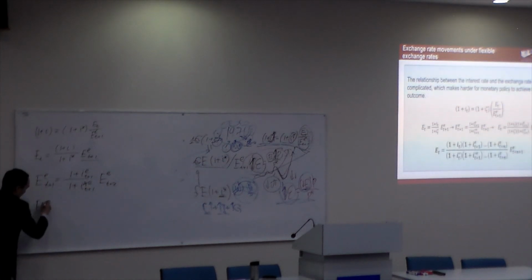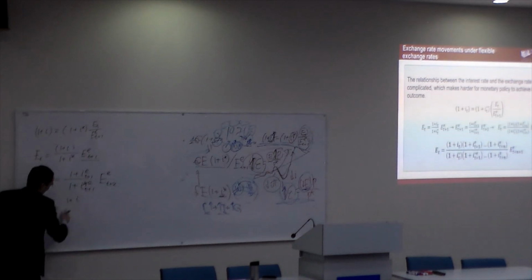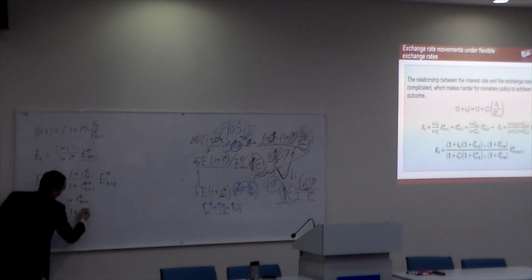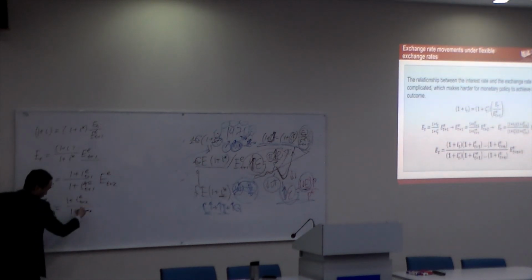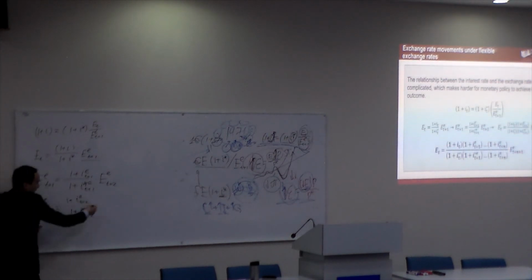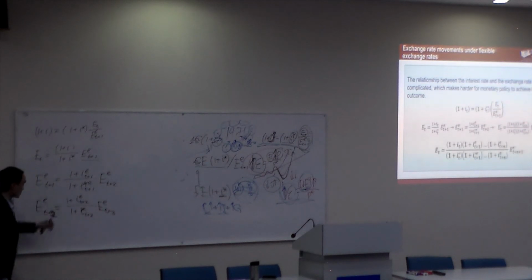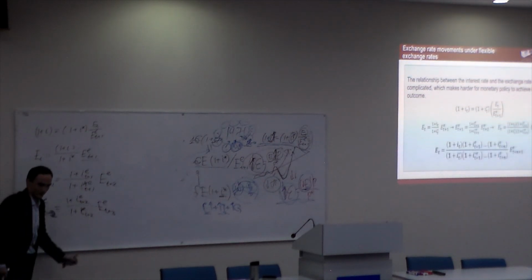Regarding year 2, the nominal exchange rate you can write for the second year as equal to the expected interest rate of the second year over the expected foreign interest rate for the second year times the following year's exchange rate. So you can write it for that.